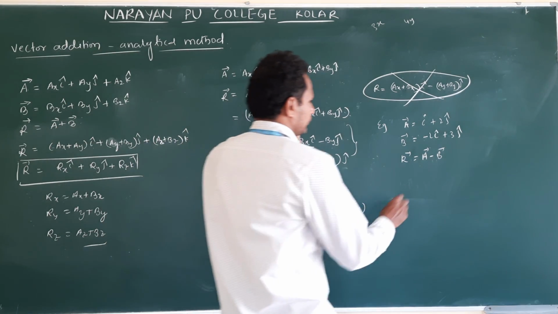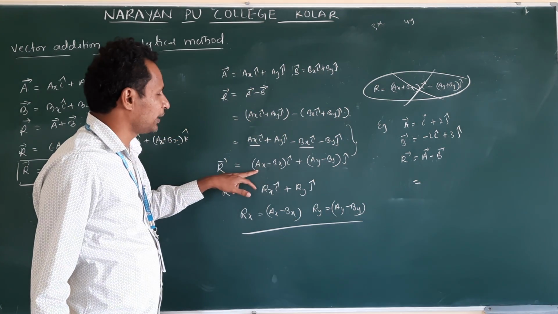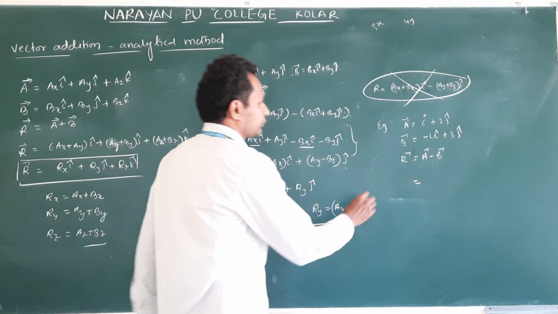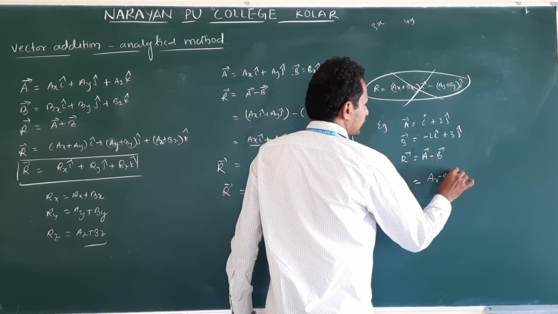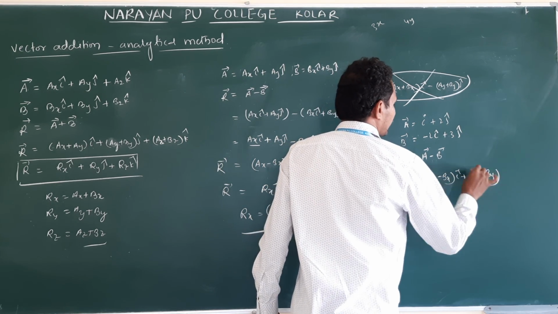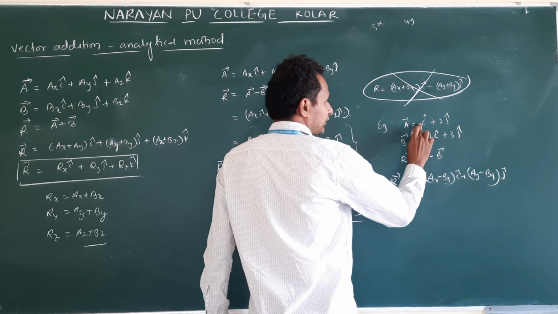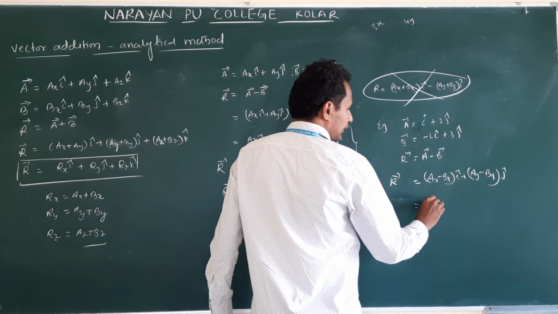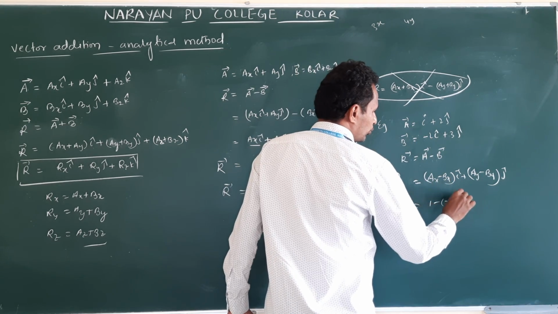So now, what is the resultant vector? R is equal to Ax minus Bx i cap plus Ay minus By j cap. What is Ax value here? First vector A, 1, minus what is Bx? Minus 2.